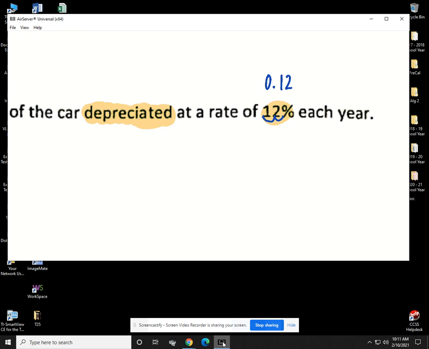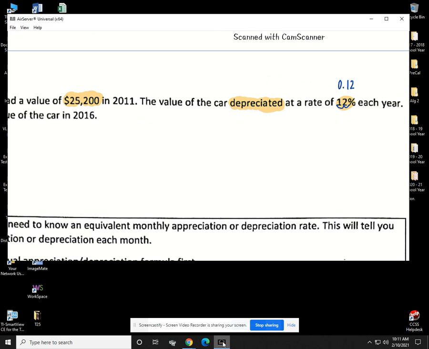Again, you see what I'm saying? That's the easiest thing for people to miss. You got to get it through your mind: move that decimal to the left 2. The principal amount, we already said, is 25,200. It's depreciation, so we're subtracting 12%, which is 0.12.